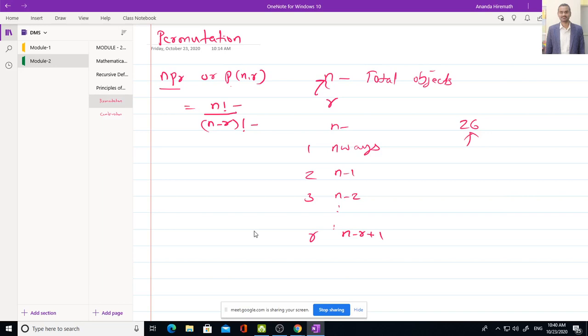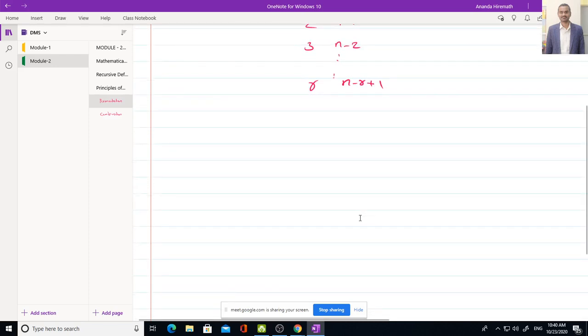I will take one example, then it will be clearer for you. If you want, you can write it down. Let us take an example of a seating arrangement.